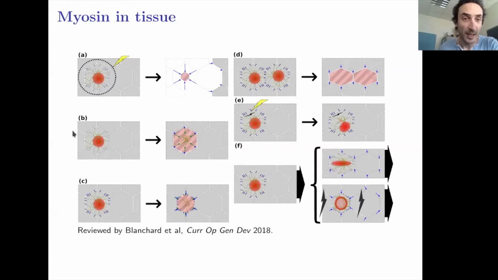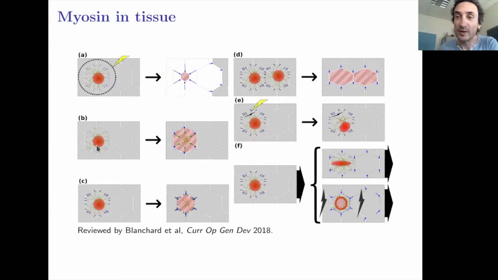Another experiment, it's B and C here. In the same tissue, sometimes early on, you have a weak connection of the cytoskeleton of a cell with the neighboring cells. So these are the very tiny dotted blue lines at the periphery here.